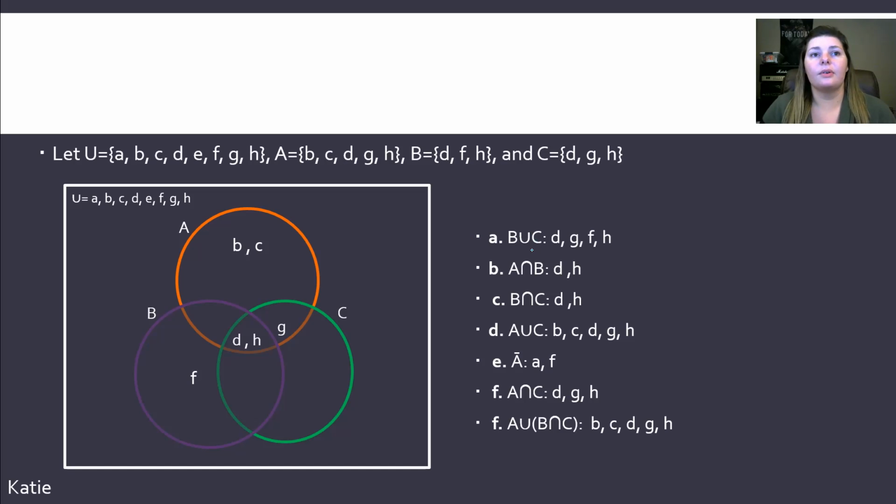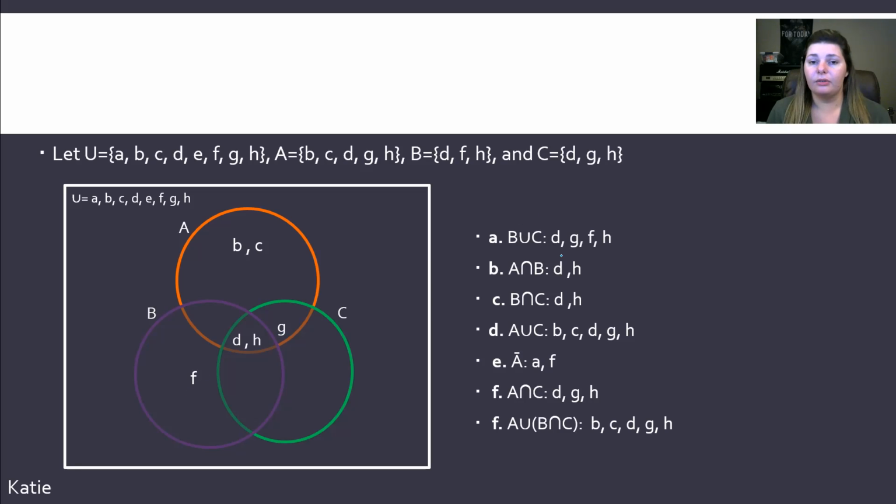So let's go through and find what the questions are asking. The first one is B and C. So it wants to know what is inside both B and C. We see that D is inside both B and C. And we see that G and H are as well.